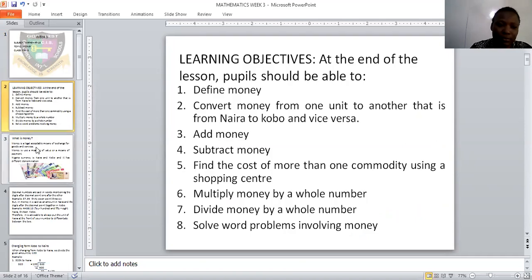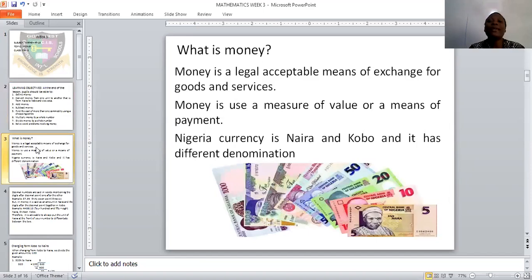What is money? Money is a legal acceptable means of exchange for goods and services. Remember in social studies we talked about national symbols as those things that differentiate one country from another.